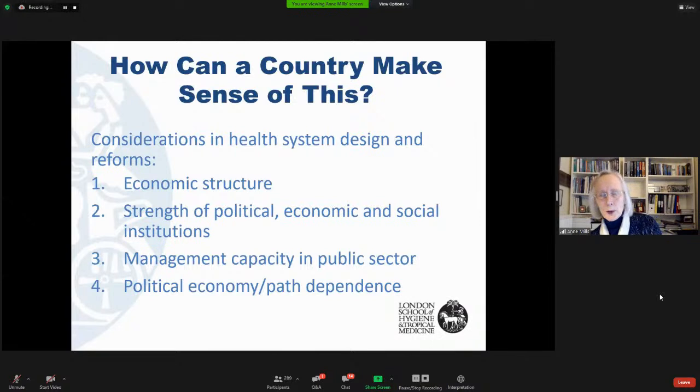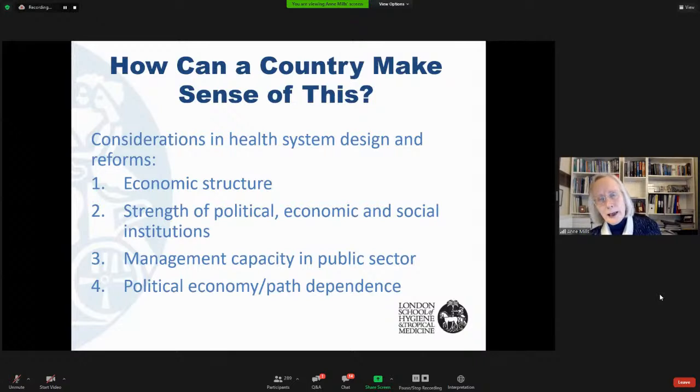So, given the focus of your seminar series, I think it's interesting to ask, how can a country make sense of this? There's a lot of documentation of country health systems across the world. As I've indicated, there's such huge diversity, it's difficult to conceptualize that diversity.